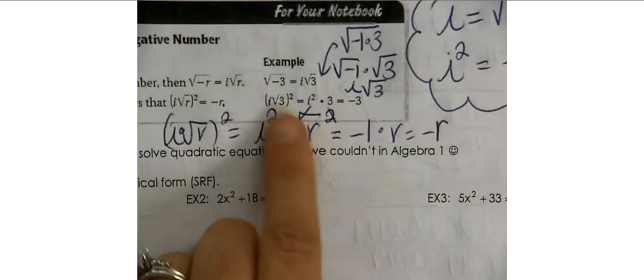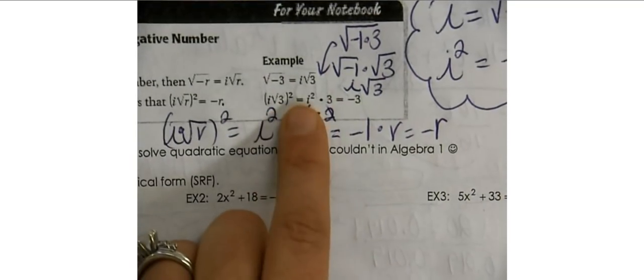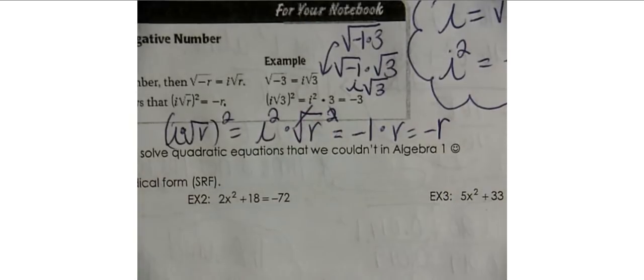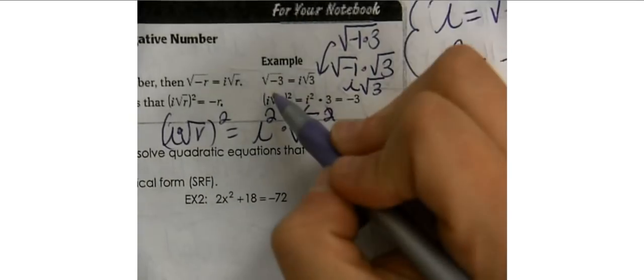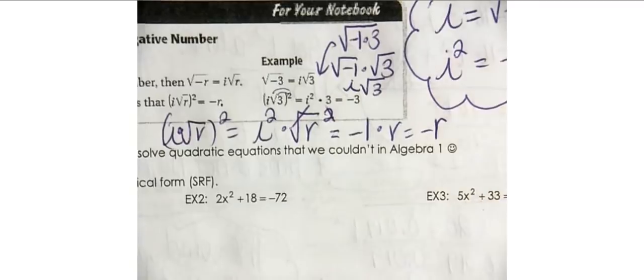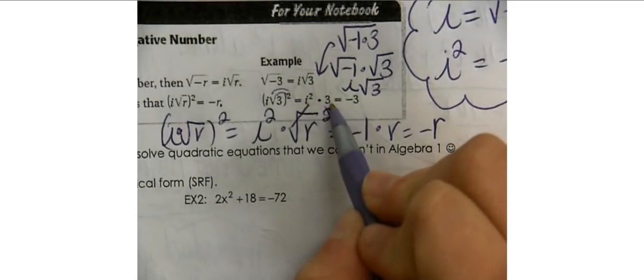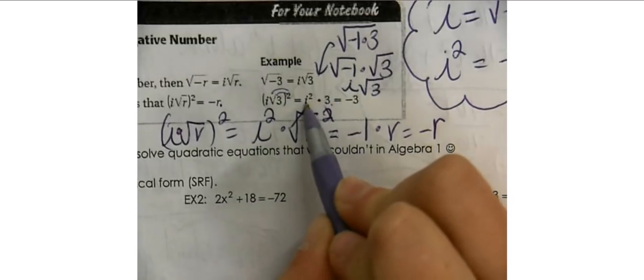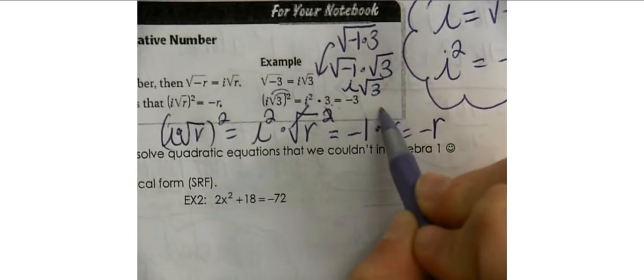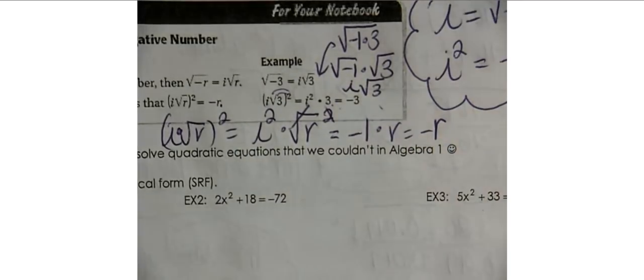So if you have i times the square root of 3 squared, each part would be raised to the second power. So we would have i squared times 3, which is like negative 1 times 3, which is negative 3. What this all means is that we can now solve quadratic equations we couldn't solve in Algebra 1.